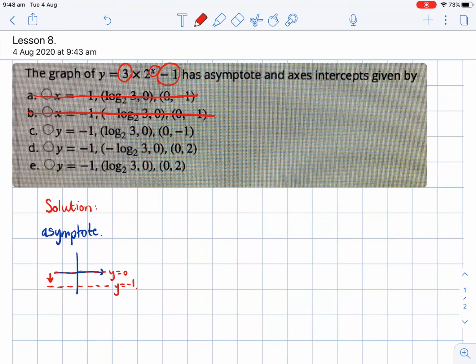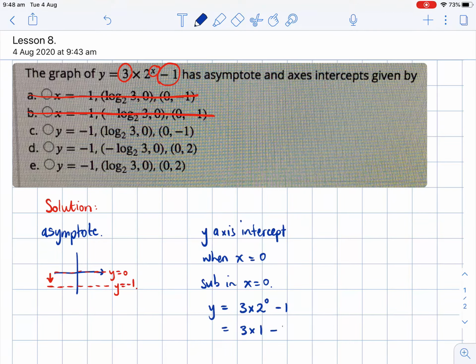Alright, the next part I'm going to work out the y-axis intercept. The y-axis intercept is when x equals 0, and that's just a matter of subbing x equals 0 into the equation, which would give me y equals 3 times 2 to the power of 0 minus 1, which is the same as 3 times 1 minus 1, which equals 2.